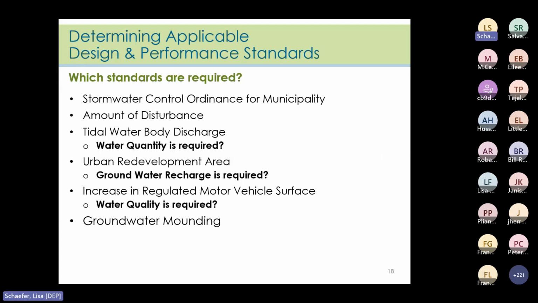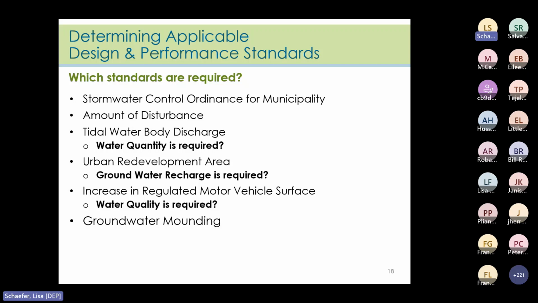All right, so of course, all reviews require figuring out which standards apply and then checking them for compliance. And the questions that we must ask and answer in our reviews is what is the disturbance on the site and does it trigger major development? Will the project be required to do water quantity, groundwater recharge, water quality, and groundwater mounding?